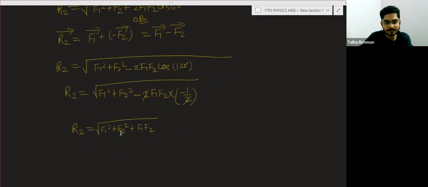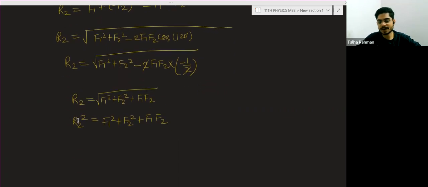So finally we have this equation. I can square on both sides. I will get R2 square is F1 square plus F2 square plus F1 into F2. And this R2 represents again a force vector.